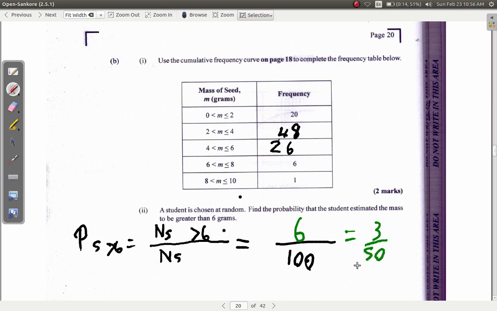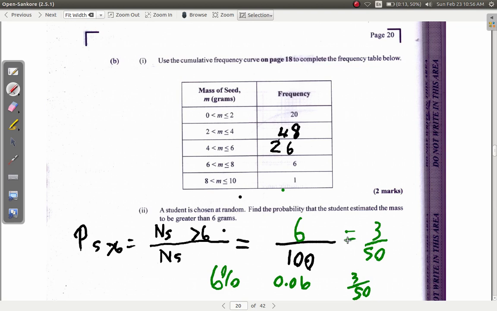Remember, you can write the probability as a decimal, fraction, or percentage. So in this case, it is 6%, which is the same as 0.06, which is the same as 3/50, whichever way you want to write it.